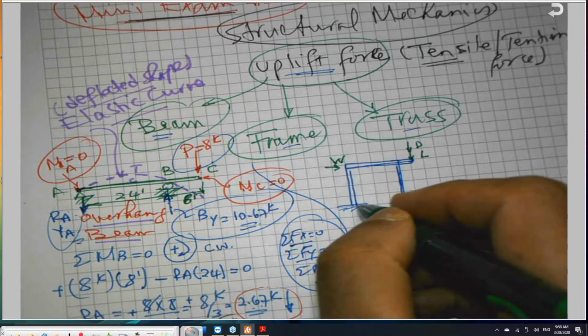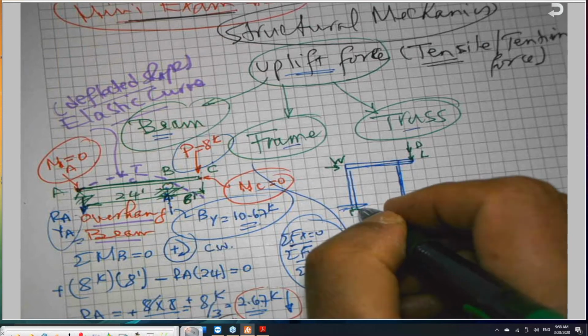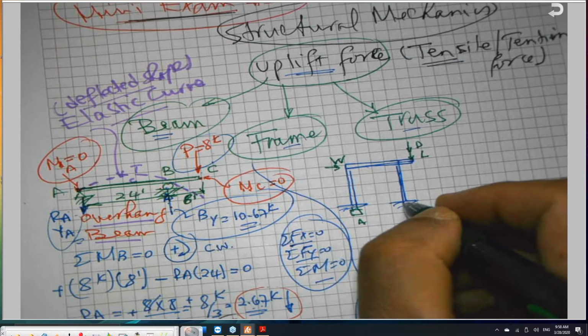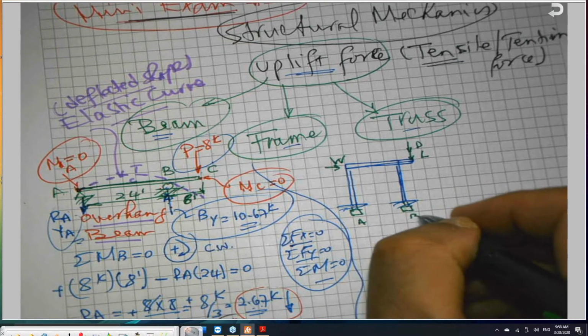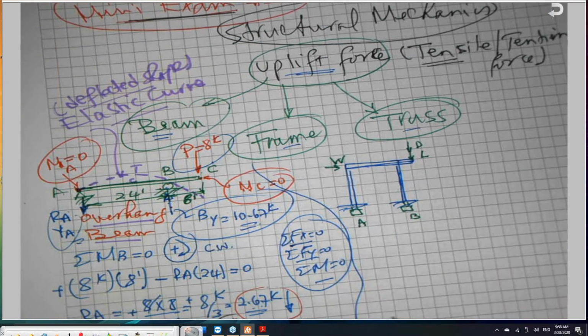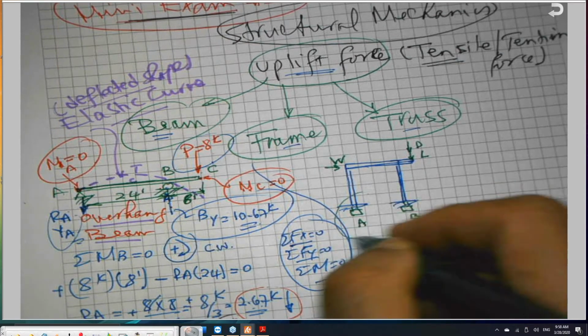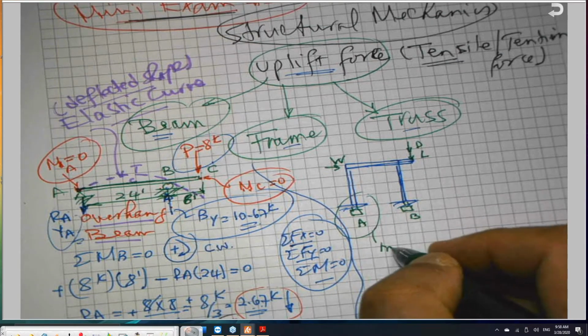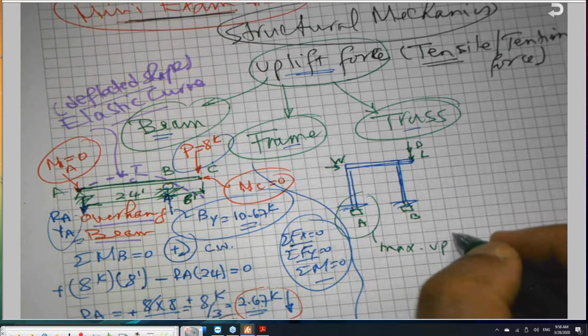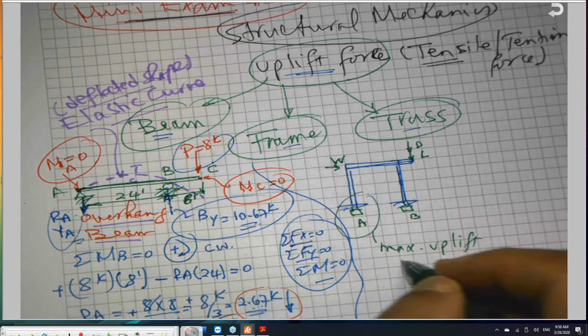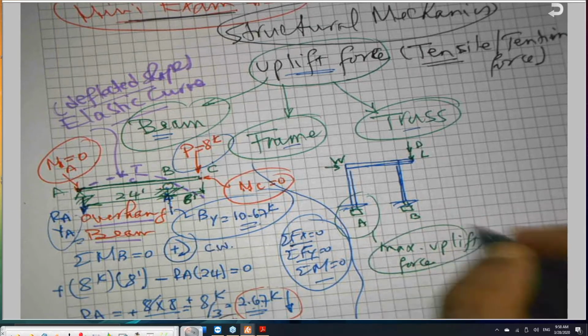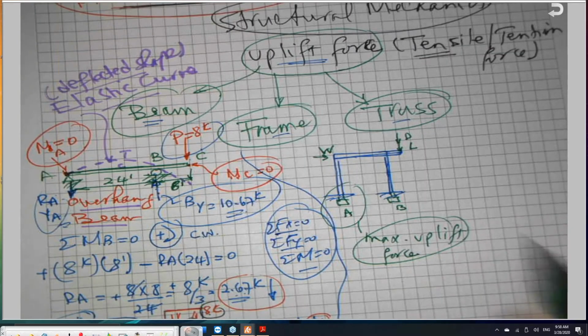And he called this footing A, and maybe this is footing B. And he's asking what is the maximum uplift force for the footing.